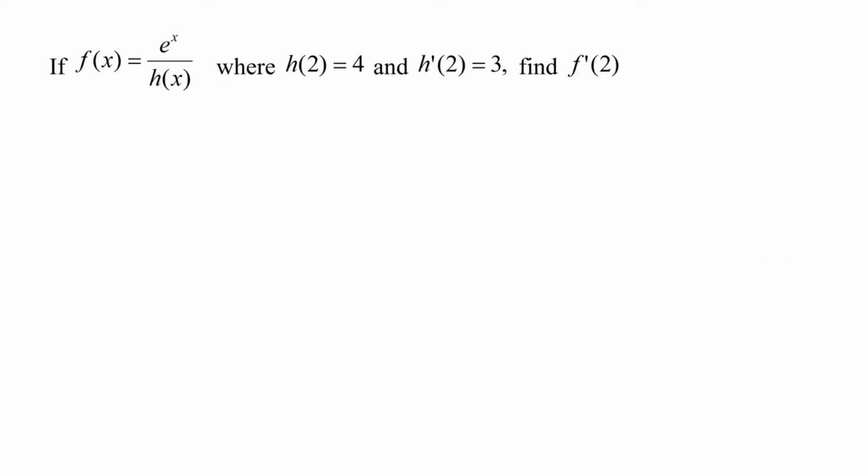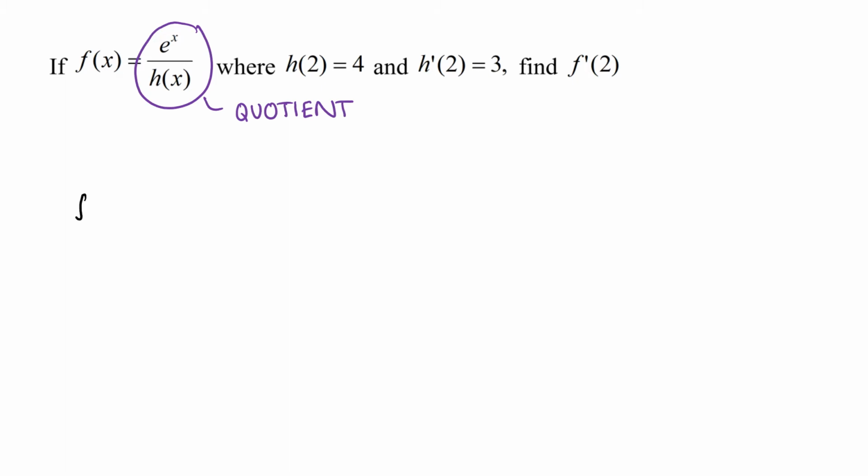If f of x is equal to e to the x over h of x, where h of 2 is equal to 4, and h prime of 2 is equal to 3, find f prime of 2. So here we have a quotient, so we will need to use quotient rule.